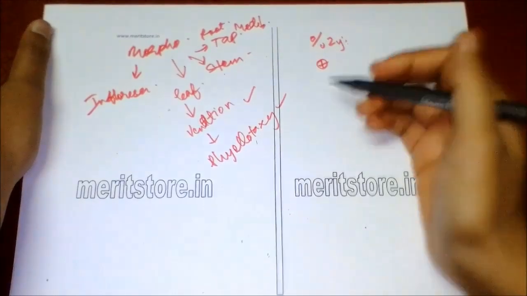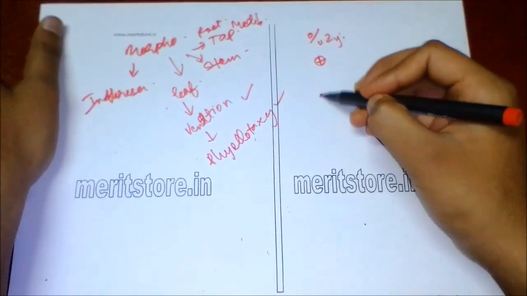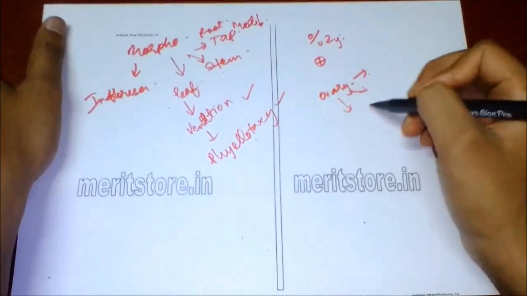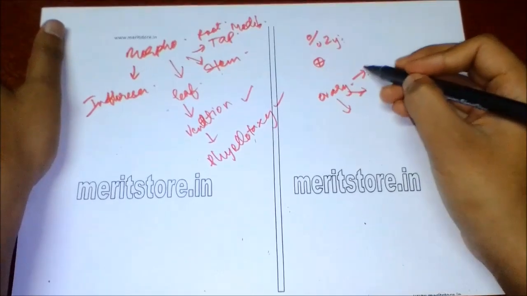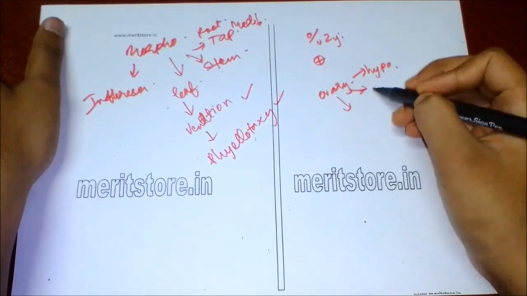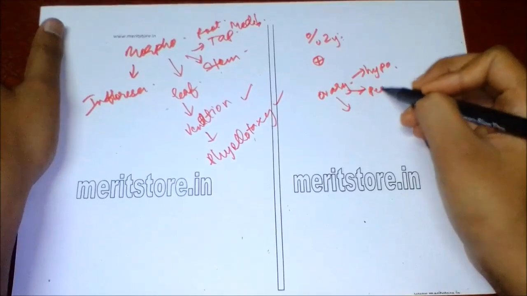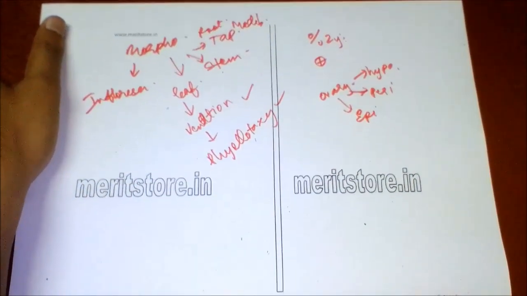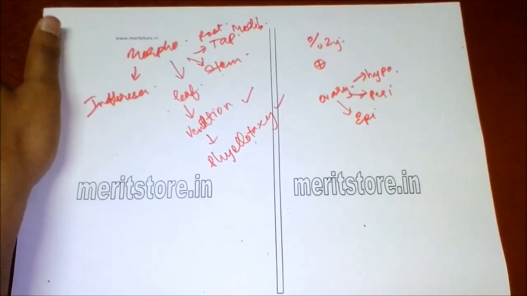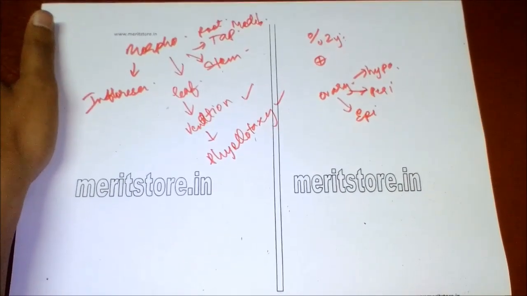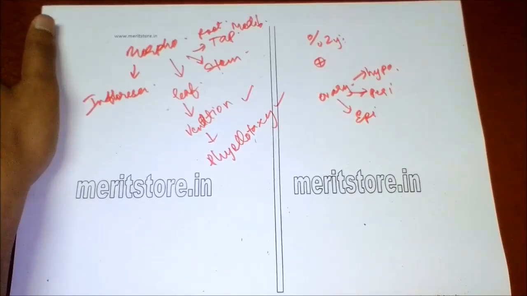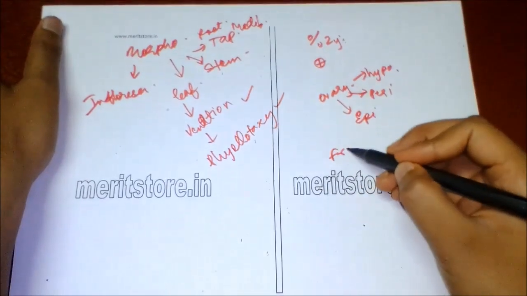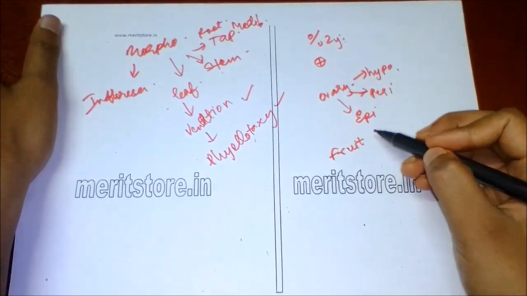The different positions of ovary, hypogynous, perigynous, and epigynous. These are some important subparts which you have to cover, and the examples of these parts, and different parts of the flower, estivation, which is the mode of arrangement of sepals and petals, and a few definitions. In this chapter mostly you have to remember the examples of each part, so the more you revise, the more you will remember.